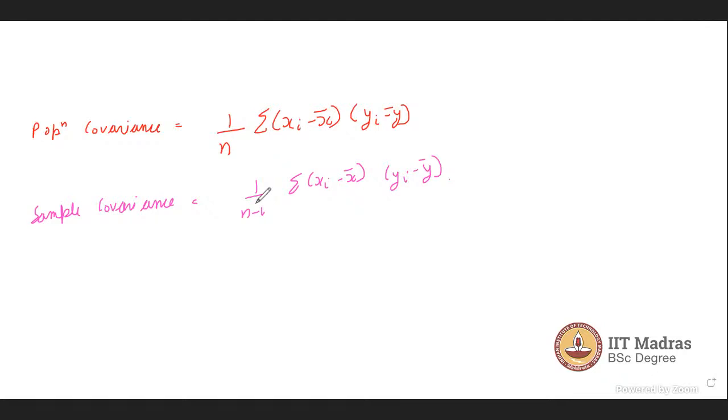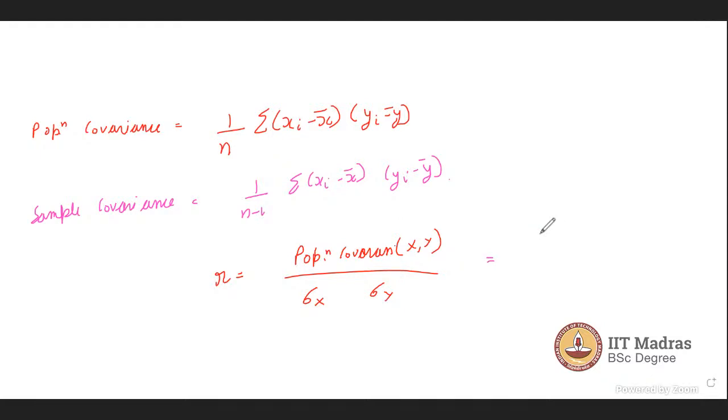And the correlation thing which we are doing is Pearson correlation. It's either the population covariance of x and y divided by the population standard deviation of x and population standard deviation of y.